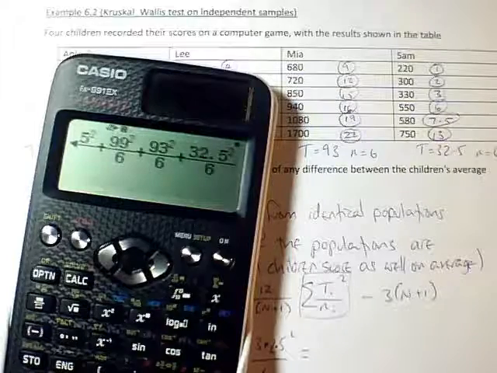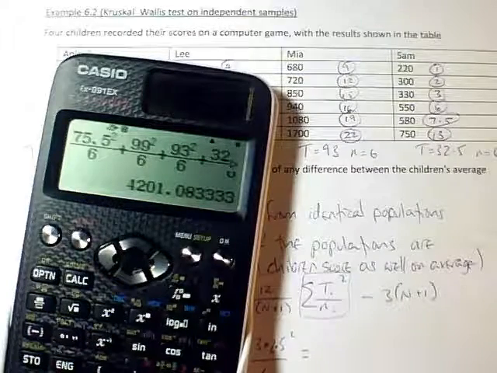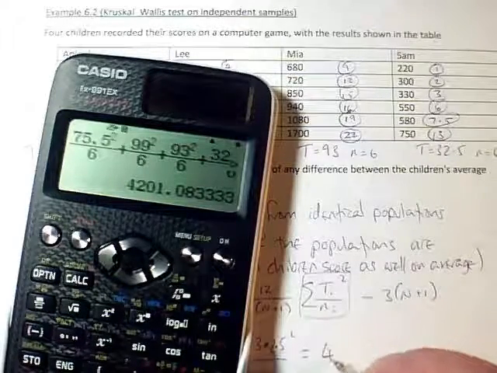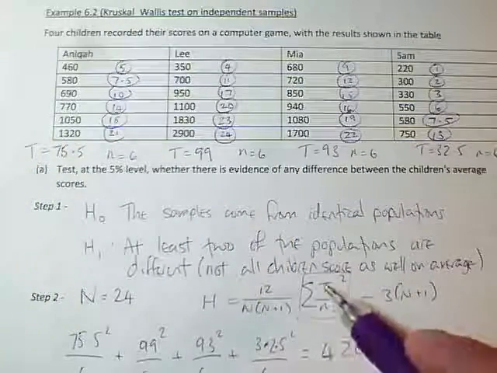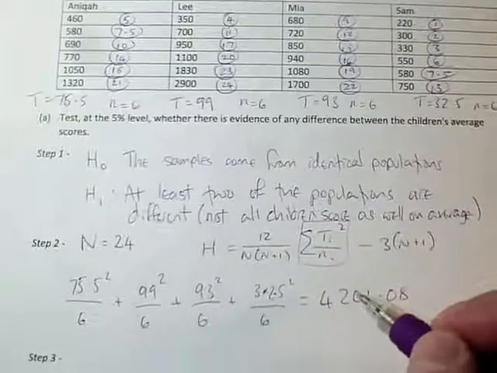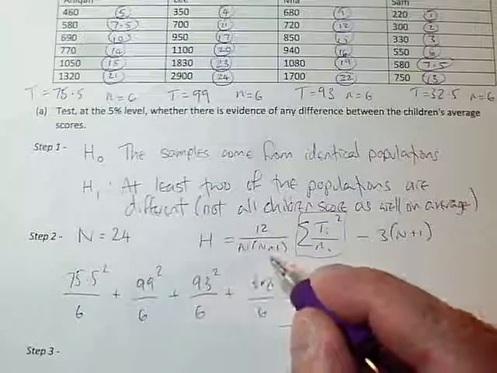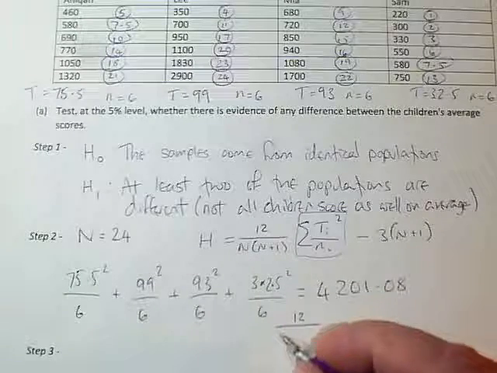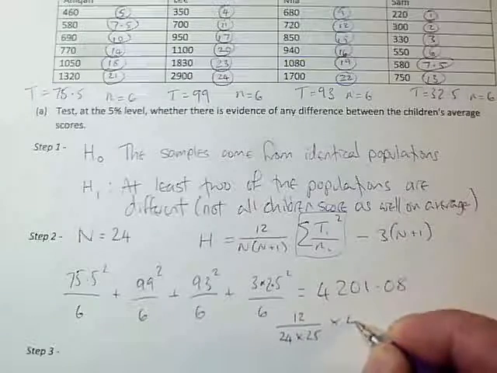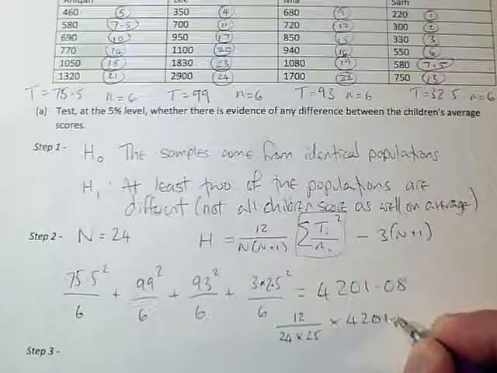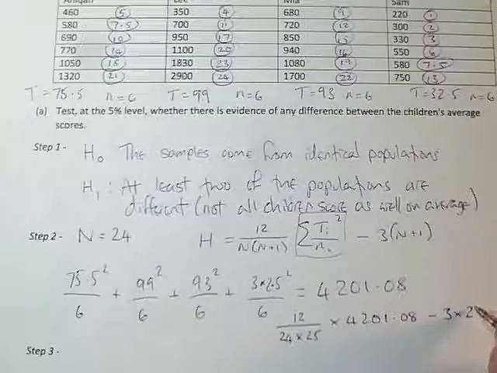So when I put that into my calculator, it tells me the answer is 4201.08. So I've just done this part of the calculation. So now I need to do the 12 times n plus 1. Well, n was 24, so this is 24 times 25. And I need to multiply by the 4201.08, and I need to take away 3 times 25.